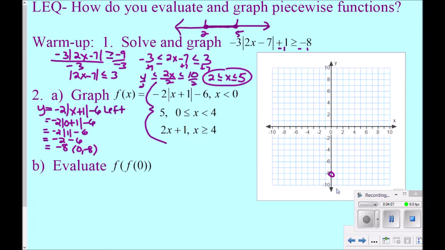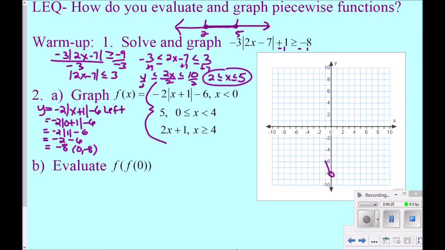Yes, it is. So I am going to go ahead and plot the vertex at -1, -6. So that's the vertex. So I can go ahead and connect those two, that open point to the vertex.